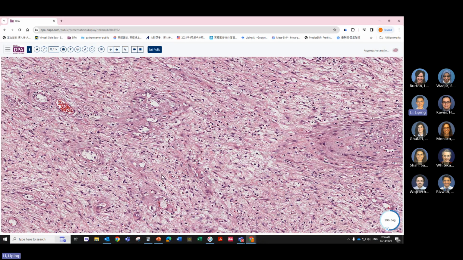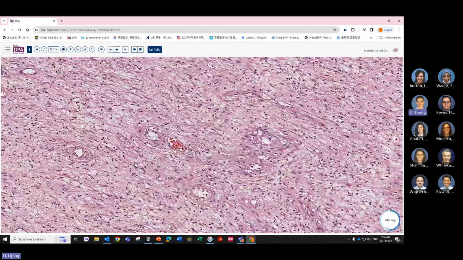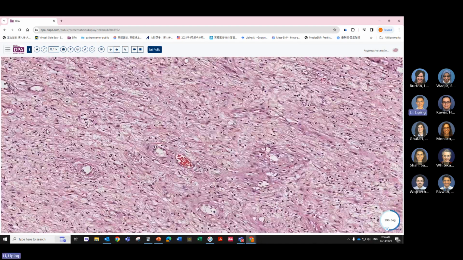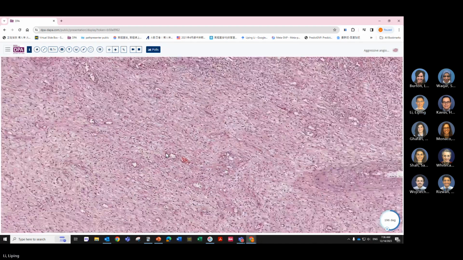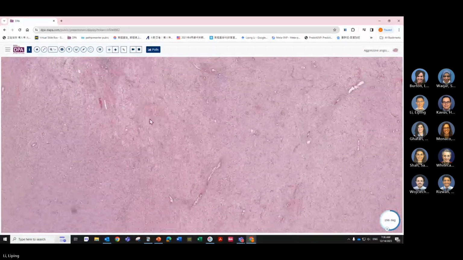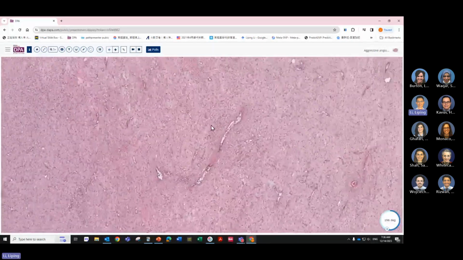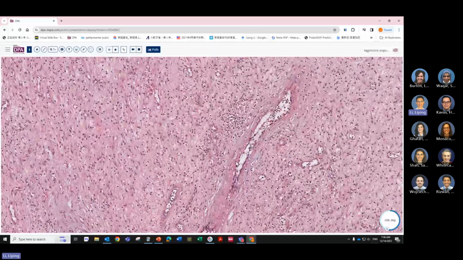This sample is not as good as the textbook, but we can still see this. In another area, we can also see this characteristic bigger vessel with this hyalinized blood vessel wall and this small muscle bundle.